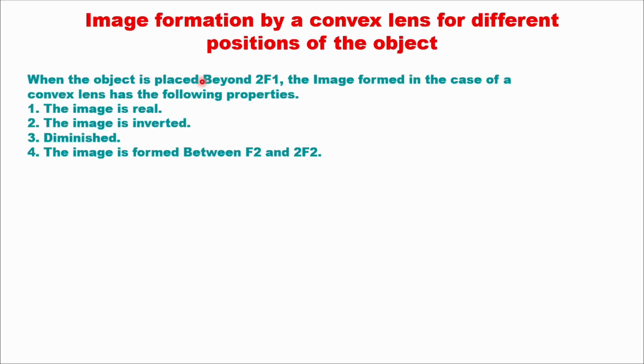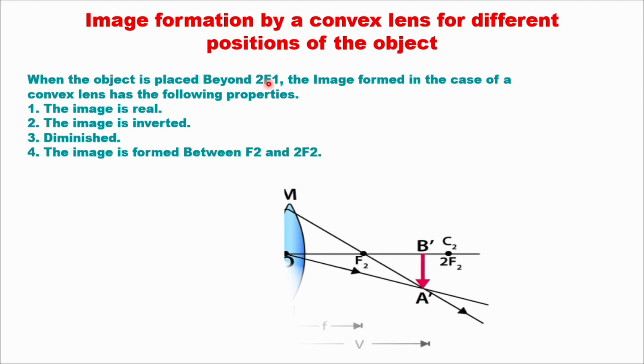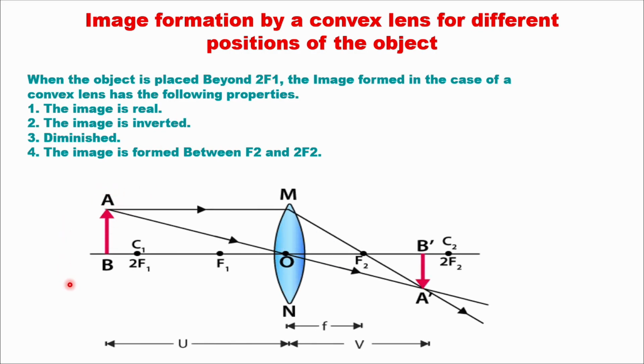Let us go to case number 2. Here the object is placed behind 2f1. Look at the diagram. This is the object AB, positioned behind 2f1 or behind C1. The image formed in case of a convex lens has the following properties.